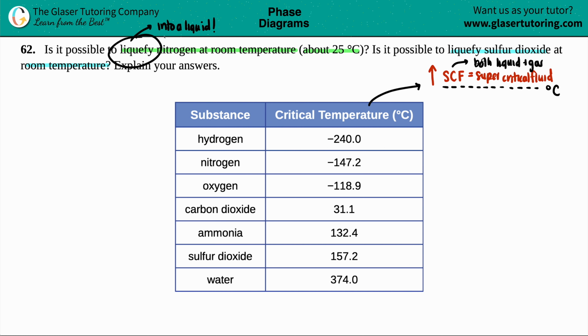So technically, you cannot liquefy into a supercritical fluid because it has both. Anything below that is safe to liquefy. You're back to liquids, and then if you go lower in pressure, you can go to a gas. But basically, anything below is safe to liquefy or become a liquid.